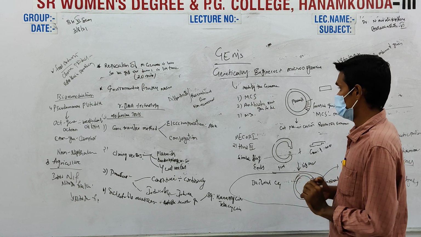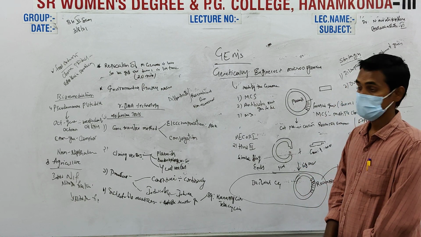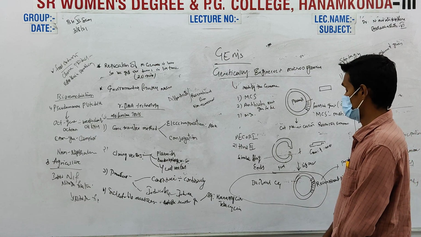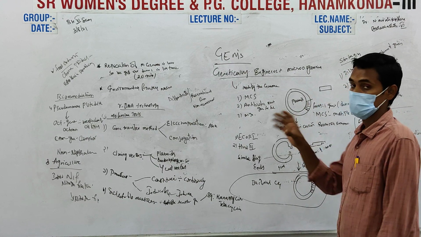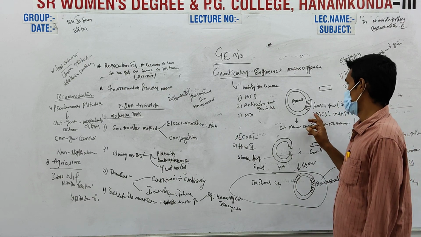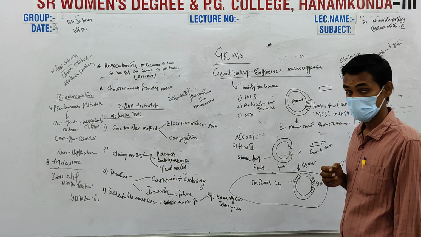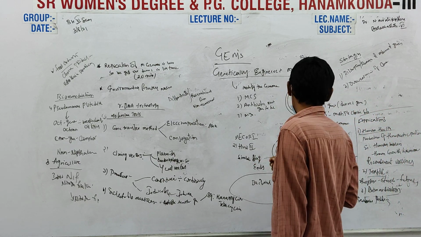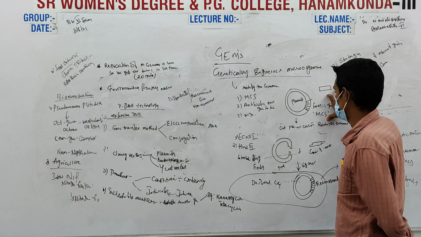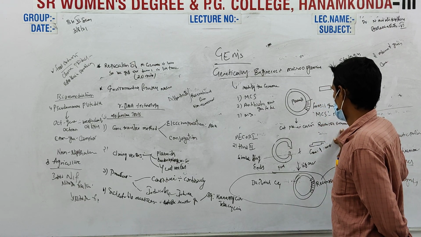If you want to modify the genome, we have to select the plasmid, insert the gene of interest, and transfer this plasmid into the host. The plasmid contains a site called the multiple cloning site, where we insert our foreign gene insert.